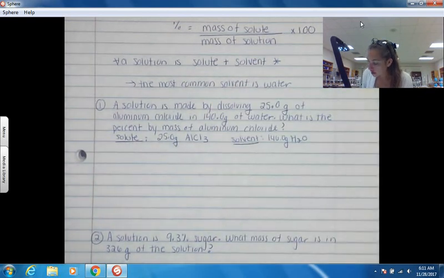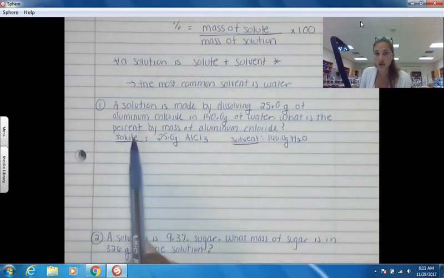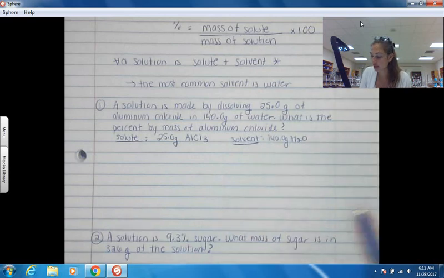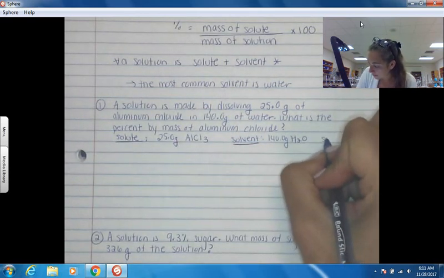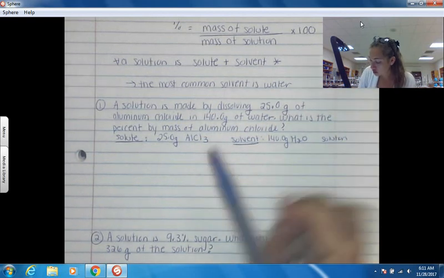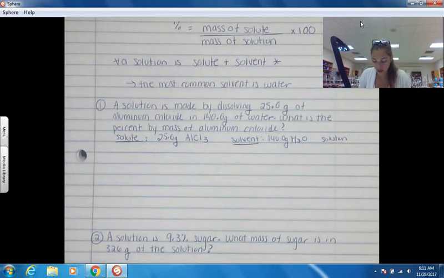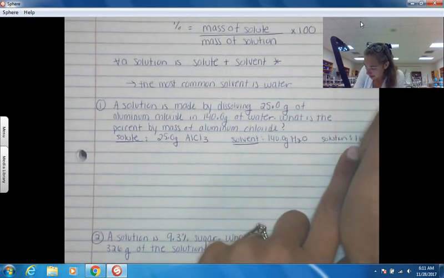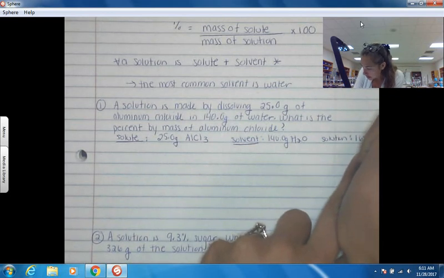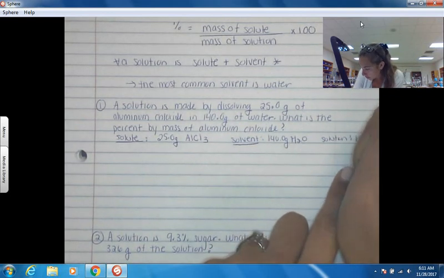So then if we think about our solution, if our solution is our solute plus our solvent, it's going to be aluminum chloride and water. So we can add those two numbers together to figure out the mass of our solution. So 25 plus 140 comes out to 165.0 grams of aluminum chloride and water.